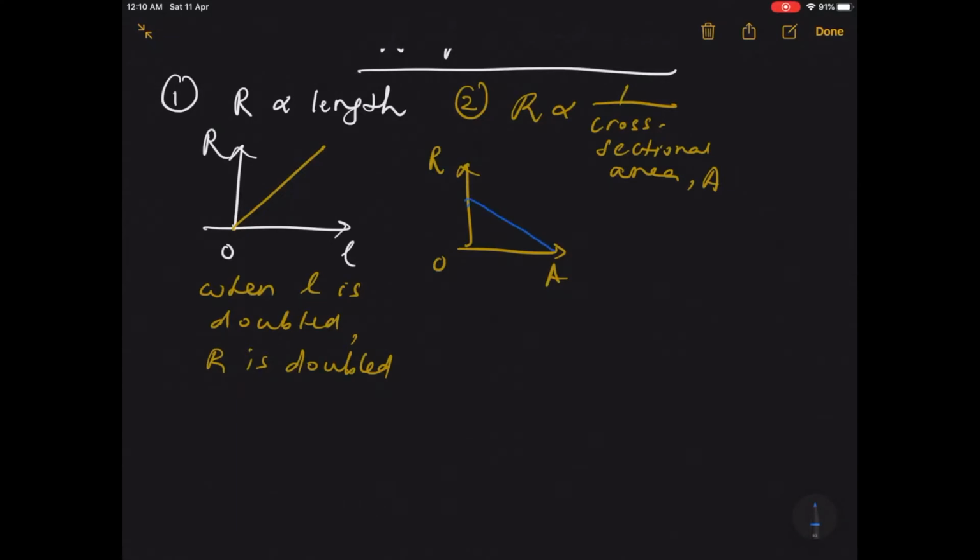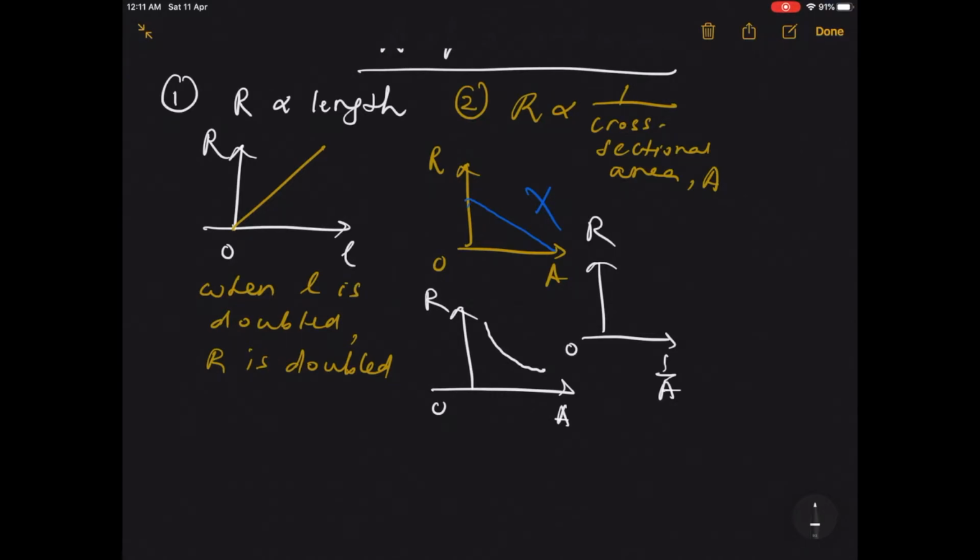It's not a straight line going down. It's wrong, okay? So the actual one has to be this way. Hyperbolic. R versus A must be a curve. And if you're good in mathematics, you know that R versus 1 over A has to be a straight line. This is the second factor.